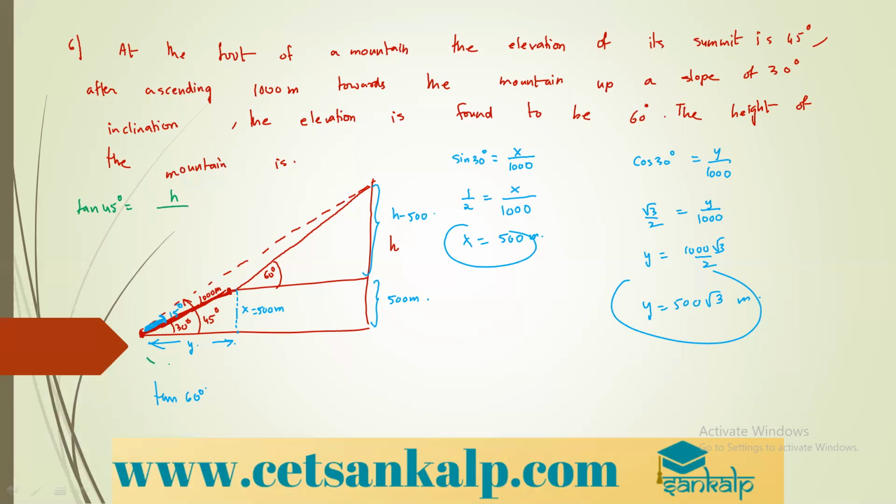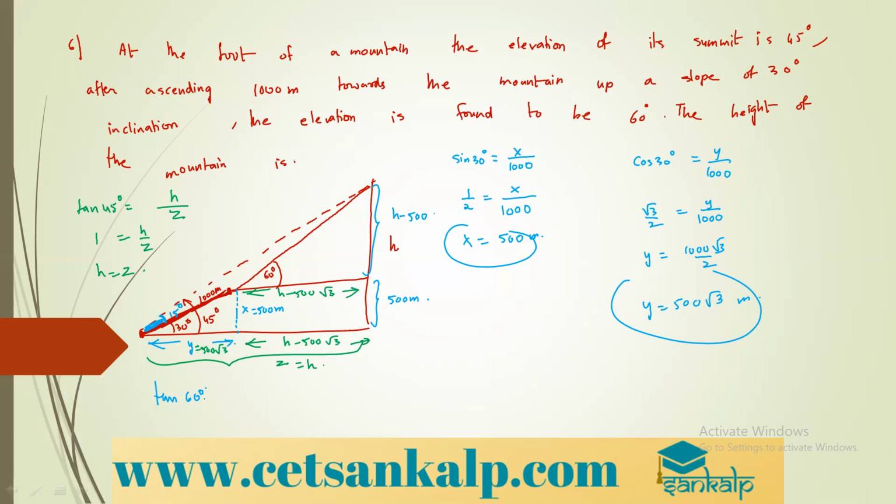H by this entire thing. Let it be Z. H by Z. Because tan 45 degrees is 1, H by Z is 1, or H will be equal to Z. So Z means nothing but H. And Y already we got 500 root 3. So this part will be H minus 500 root 3. Or I can say this part also will be H minus 500 root 3.